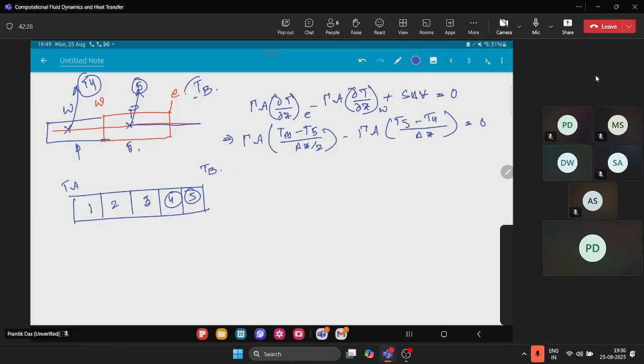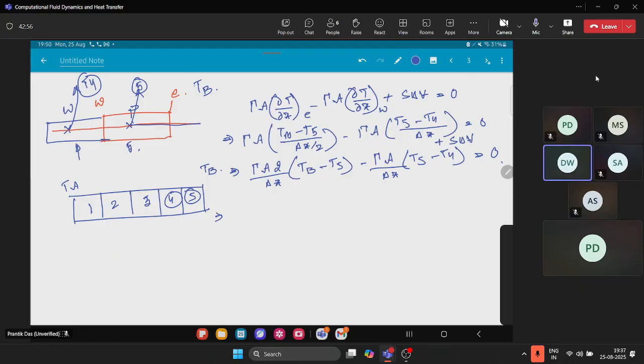B is your right hand side boundary, the rightmost boundary of the domain itself. So 2 gamma A by delta x (TB minus T5) minus gamma A by delta x (T5 minus T4), plus the source term S delta V.